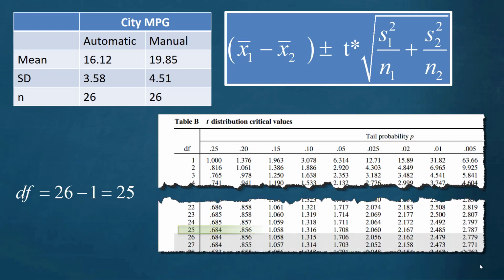Okay, so we're going to plug everything in. We're going to look at our table, and our t star here is going to be 2.060. Again, degrees of freedom is 26 minus 1.